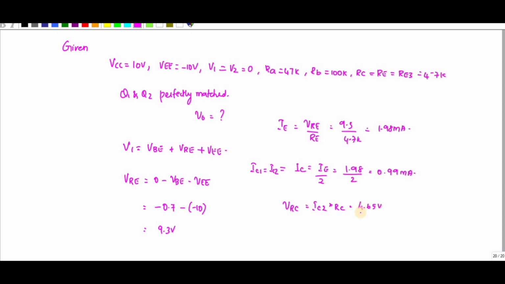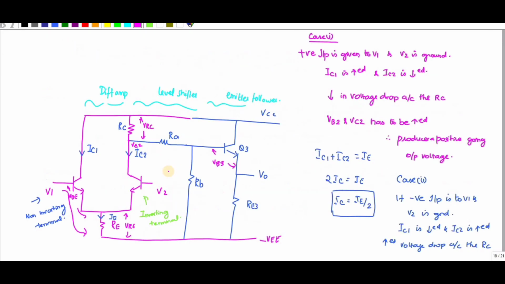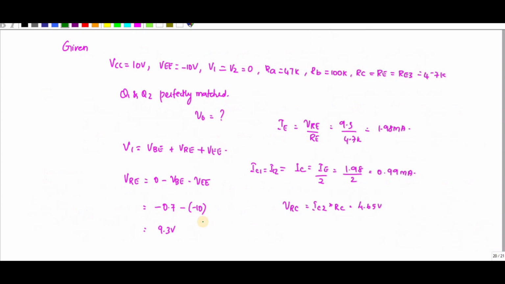Okay. So next I need to find the value of, if I take this portion, I can write it as VCC is equal to VRC plus VRARB plus VE. Okay.